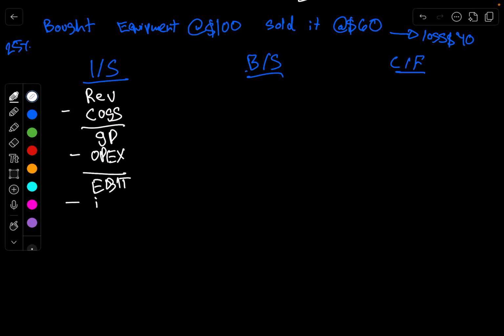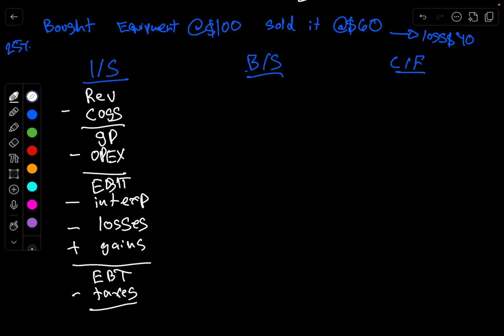And then I was just subtracting out interest expense. But in reality, you actually also subtract out your losses and you add back your gains, right? And there's a couple other line items here, but I think it's better if you learn it video by video rather than learning all of it all at once. It's not something that's important enough that you have to know from the very get-go. And that gives us our earnings before taxes. Then we subtract out our taxes, and then we get our net income.